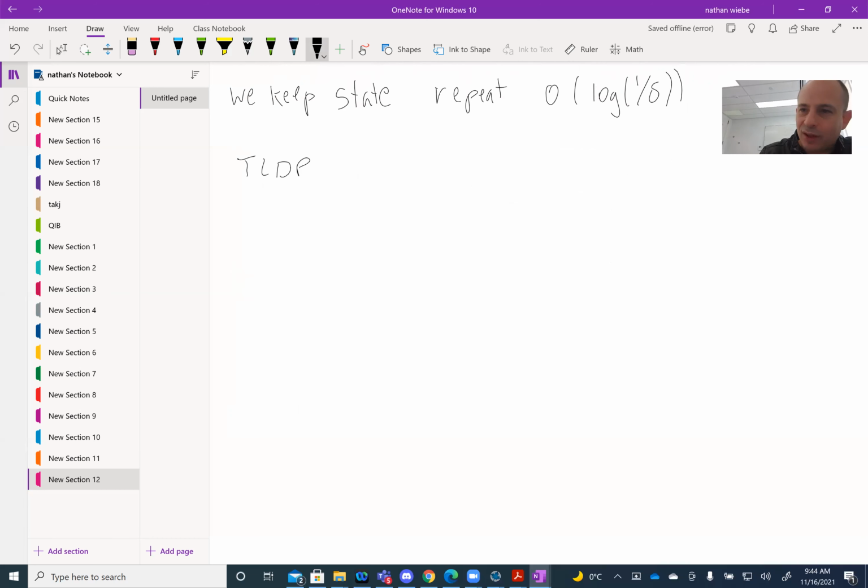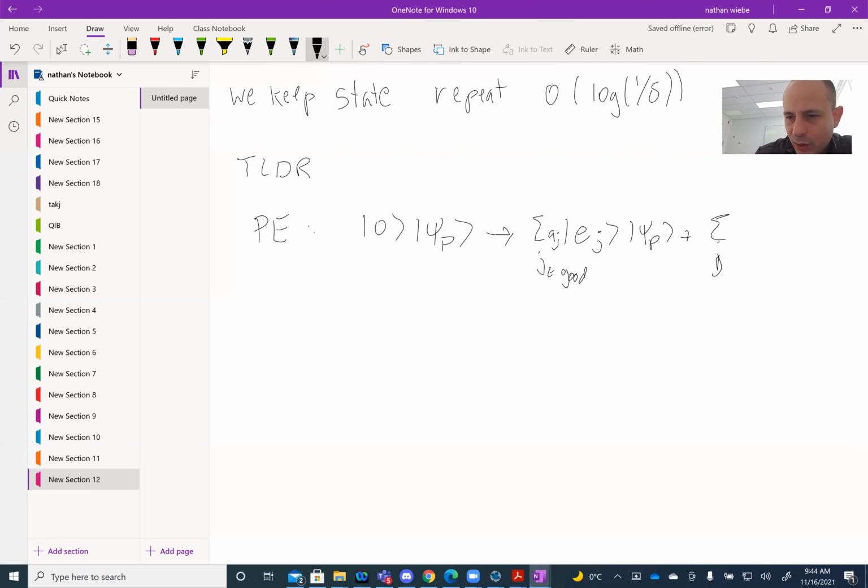The TLDR is that what phase estimation does is map your state 0, phi p over here, to a state of the form sum over j a j e j psi p, plus sum over j in bad a j e j psi p.